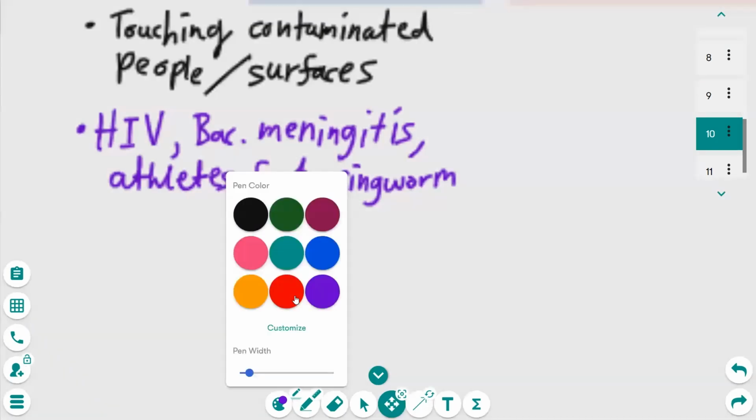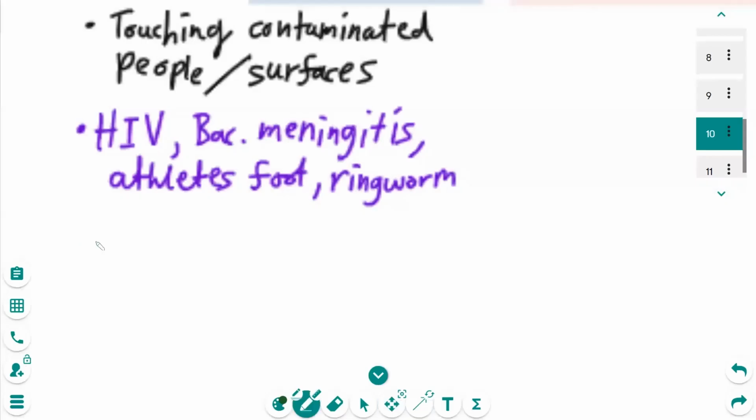So prevention, I'm going to do for dark green. So for prevention, you need to have good hygiene.